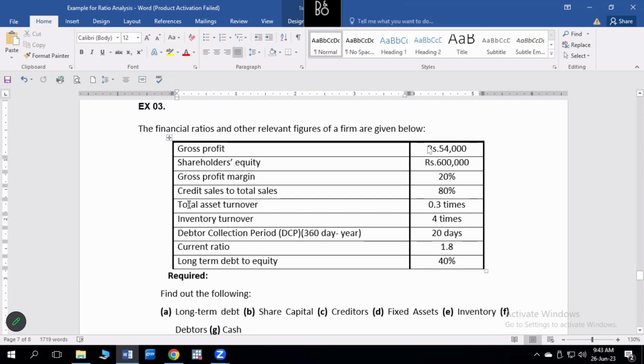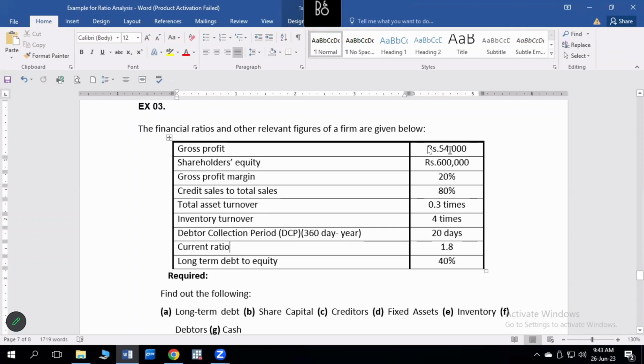You want to start by finding the total sales. How can you find the total sales? Gross profit margin is given. Gross profit is also given. You know that the gross profit margin is 20%, that means out of 100 rupees of sales, 20 rupees is gross profit.